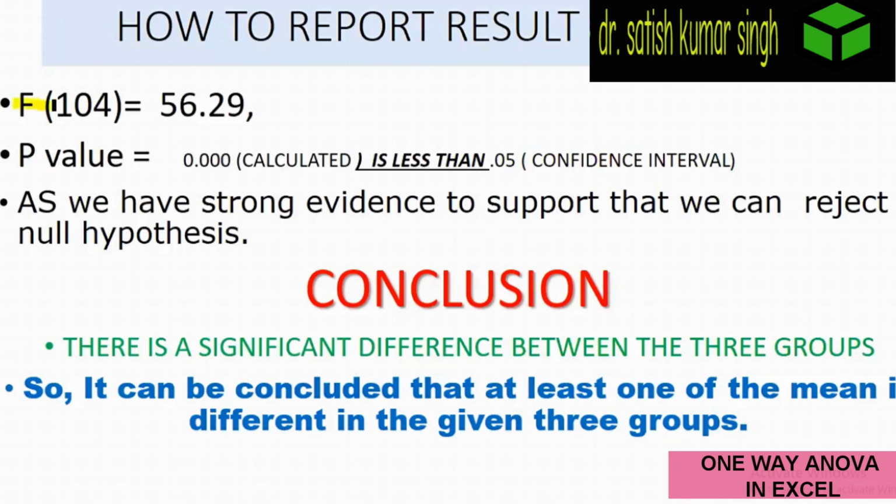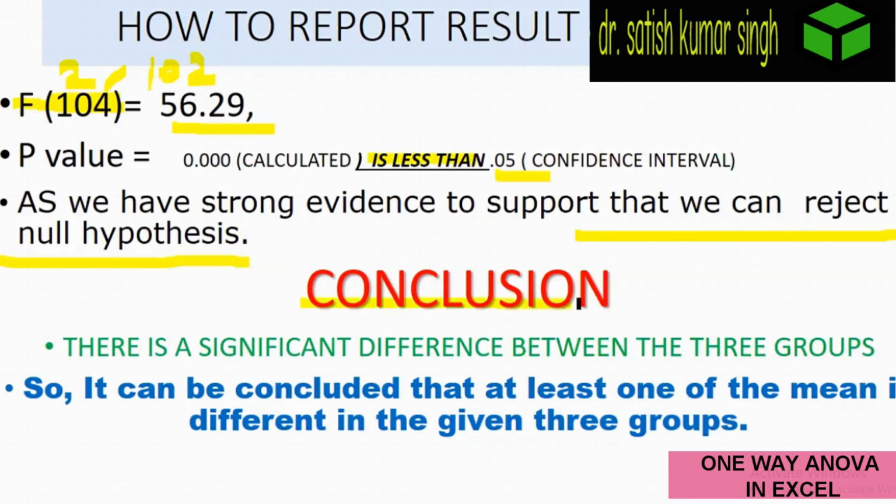Basically we have to write here F(2, 102) = 56.29. As the calculated p value is less than the 0.05 level, we have strong evidence to support that we can reject the null hypothesis.